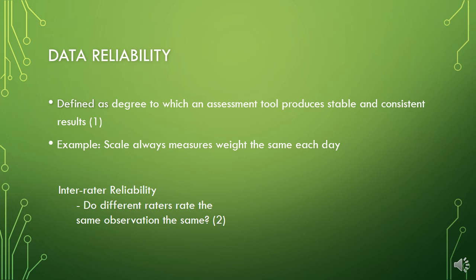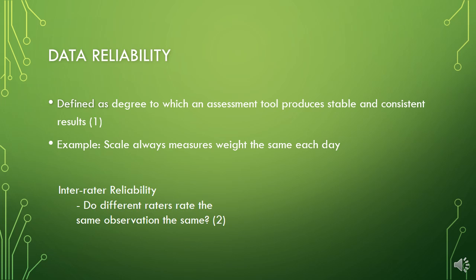First, inter-rater reliability. Do different raters rate the same observation the same way? If you and I both view a presentation and we both use the same rubric to evaluate those presentations, do we both rate the presentation the same way or not?